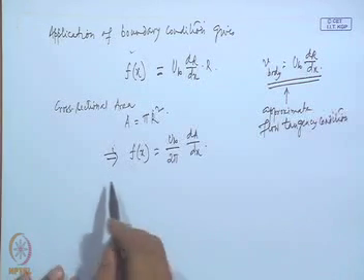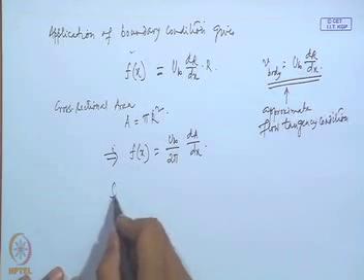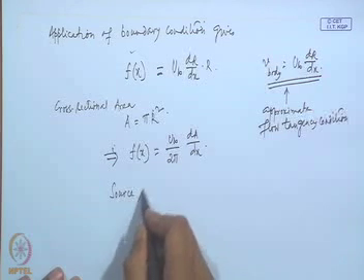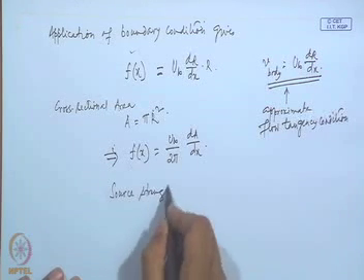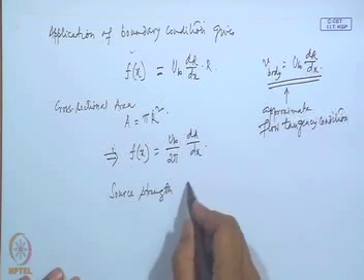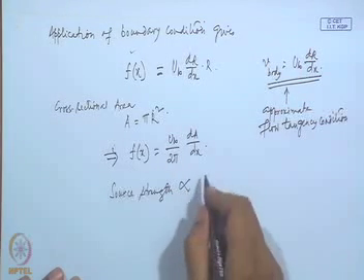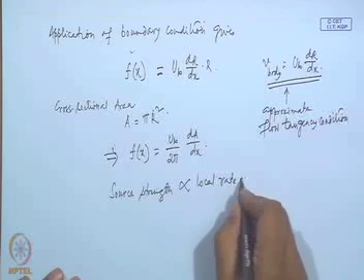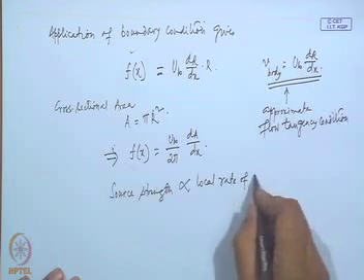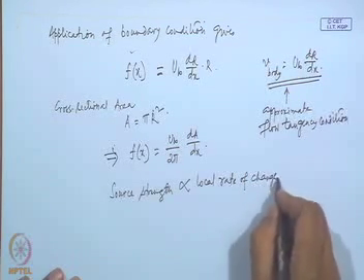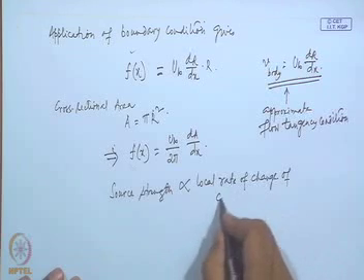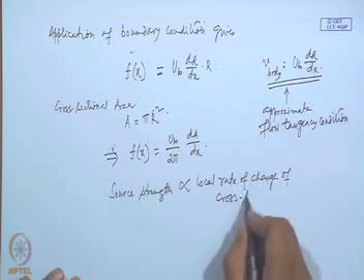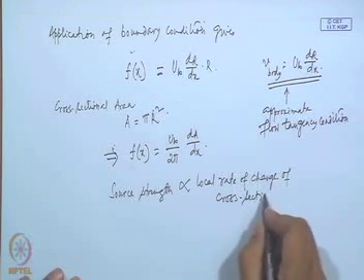So, what we get is that source strength is proportional to the local rate of change of cross sectional area of the body.